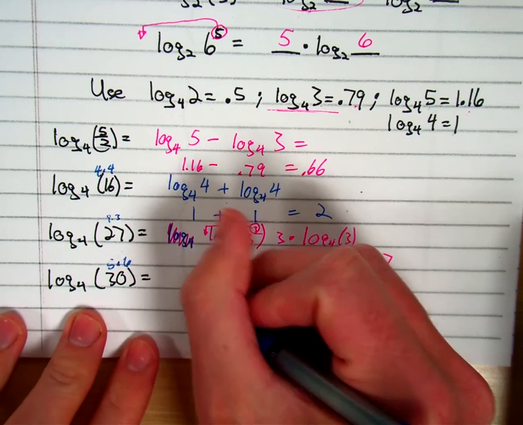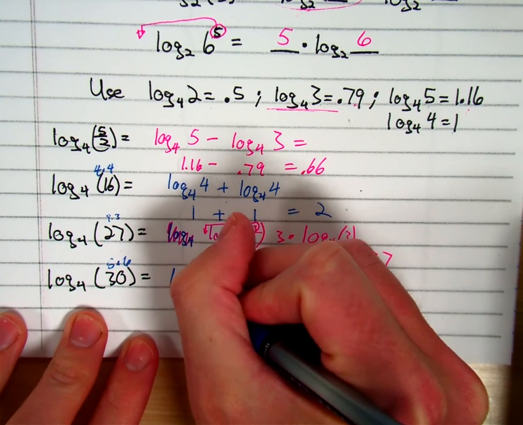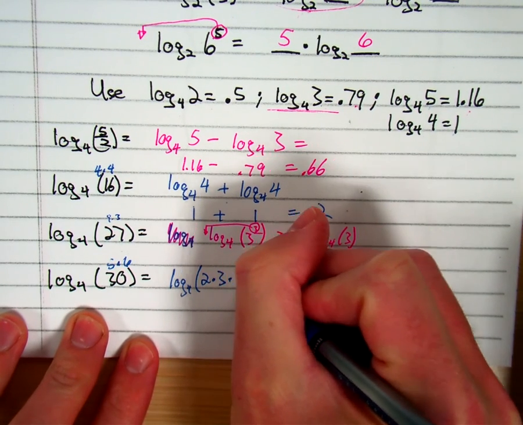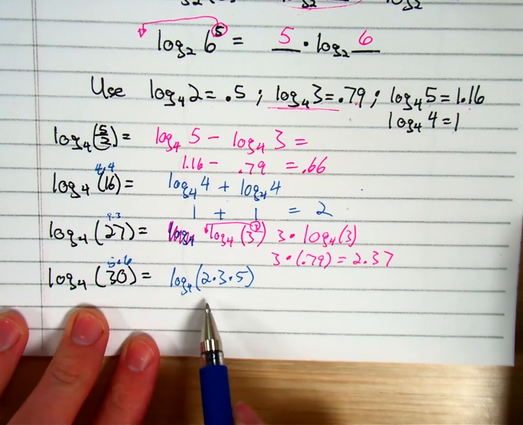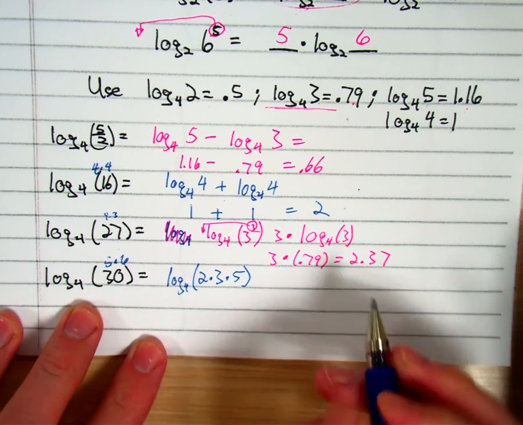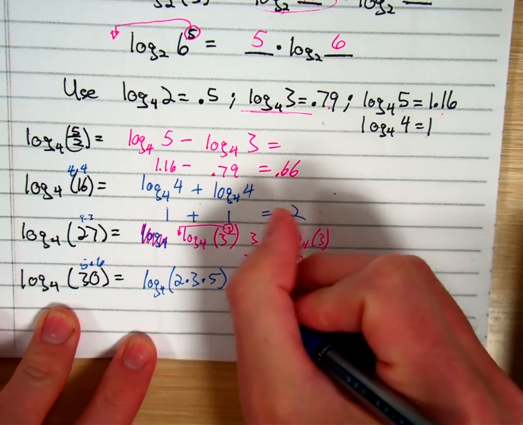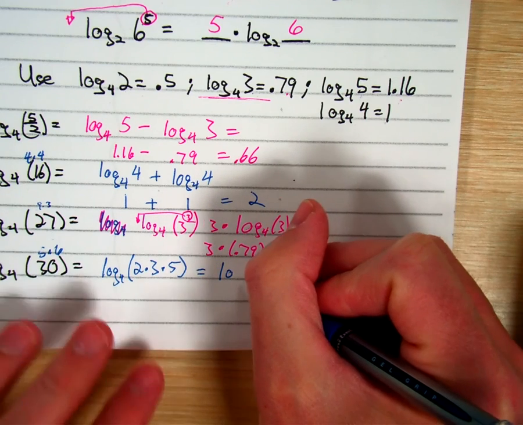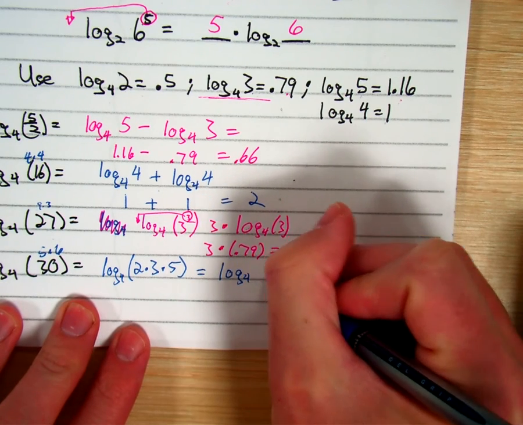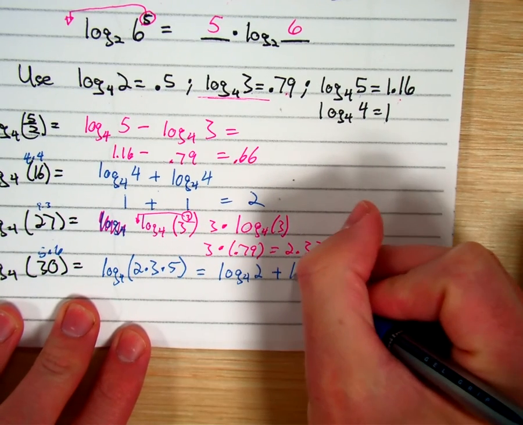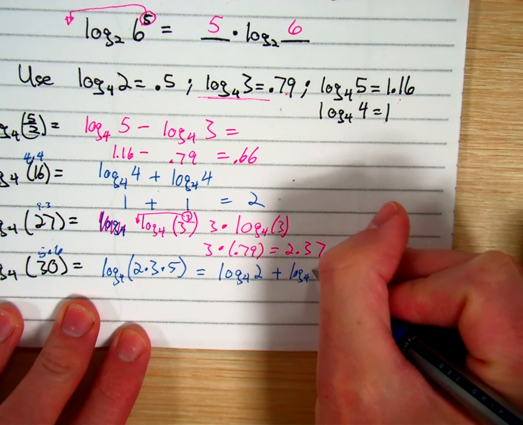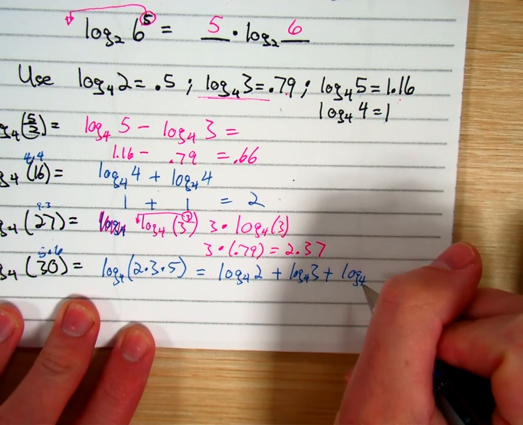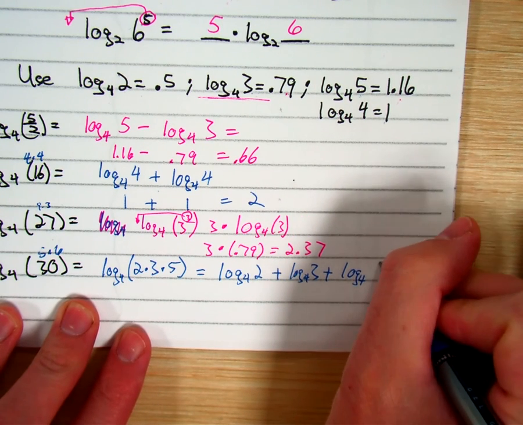Okay, so this is log base 4 of 2 times 3 times 5. There's 3 things being multiplied. So we're going to split that up into 3 additions. Well, 2 additions, 3 parts. Log base 4 of 2 plus log base 4 of 3 plus log base 4 of 5.